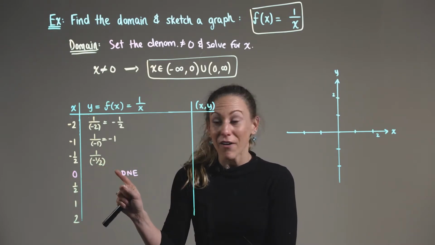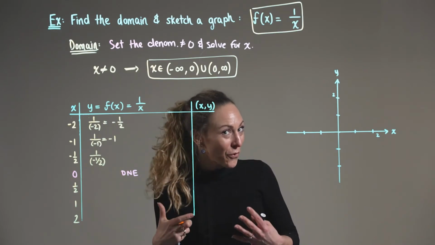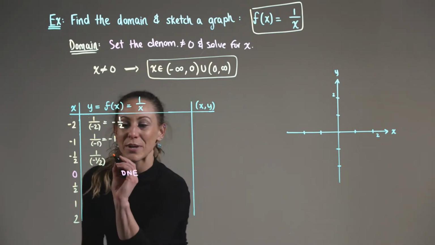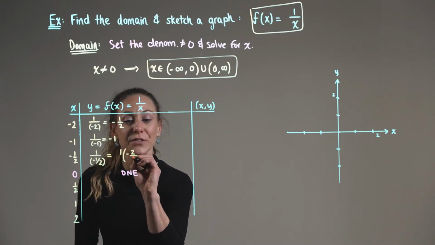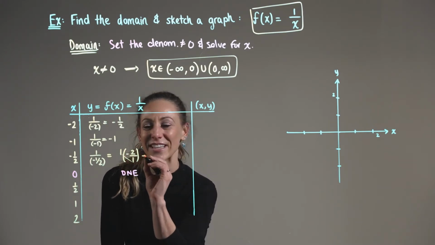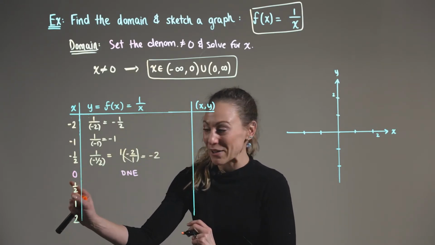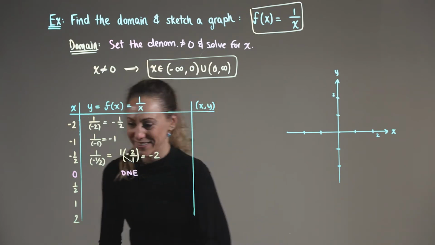We have to recall that fractions in the denominator will flip, or more formally, we multiply by the reciprocal of the denominator. So we can rewrite this as 1 multiplied by -2 divided by 1, and we'll see those 1's cancel each other out, leaving us with -2. The same idea is going to hold true when we substitute +1/2 into our function.